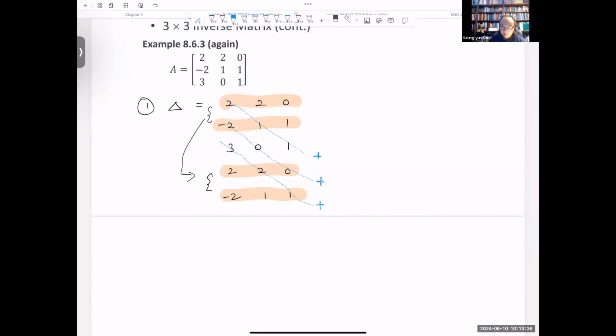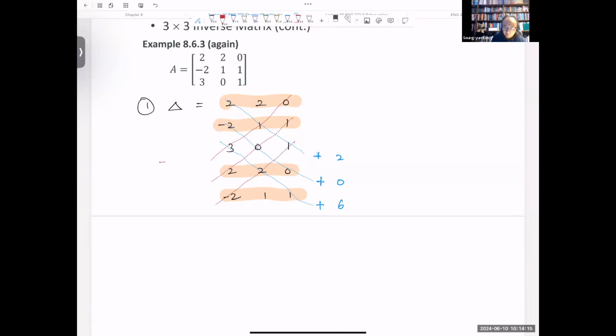So multiply them. 2 times 1 times 1, 2. Negative 2 times 0 times 0, 0. 3 times 2 times 1, 6. And now we're going to draw a line from upper right to the lower left. Again, covering 3 numbers.